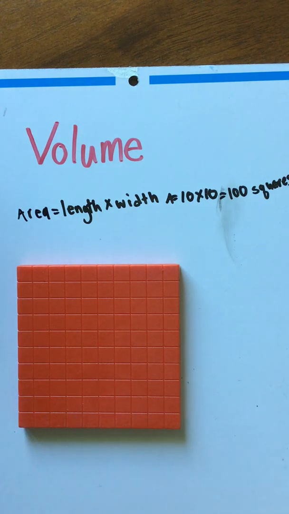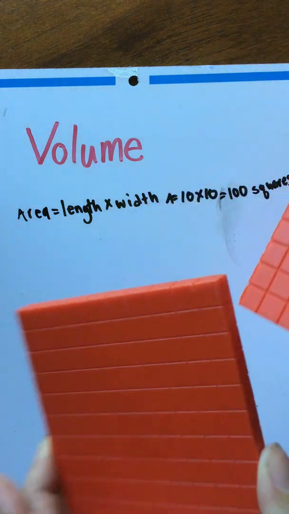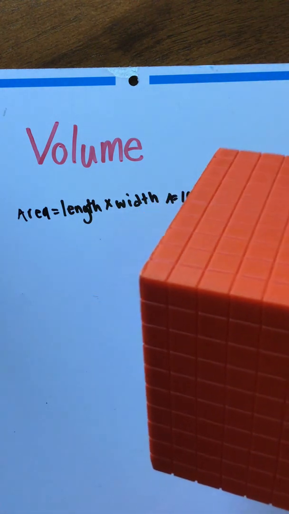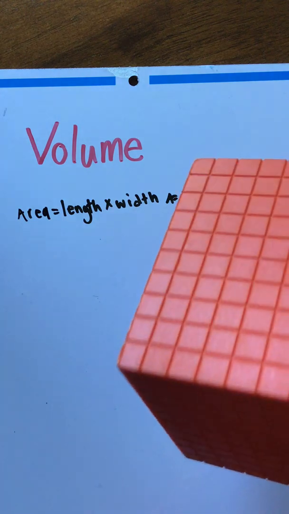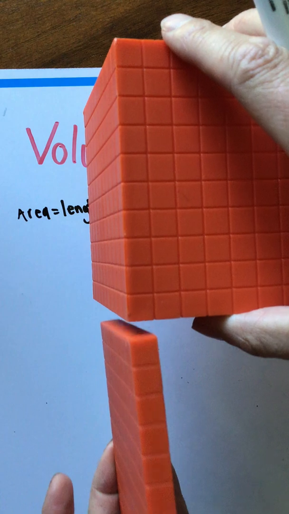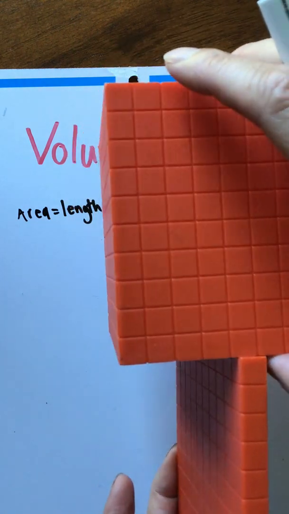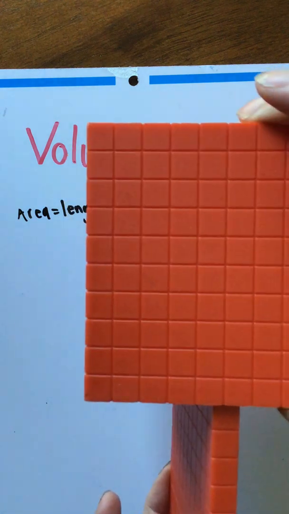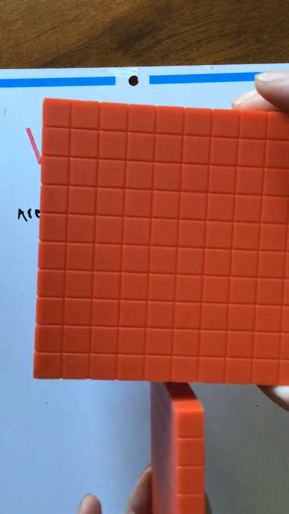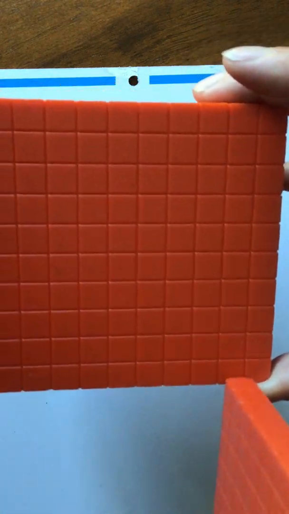Okay, now in our giant cube that doesn't really fit here, we don't just have one of these little guys, we've got 10 of these little guys. So we've got this chunk, and this chunk, and this chunk, and this chunk, and this chunk, and this chunk, and this chunk, and this chunk, and that last chunk there.